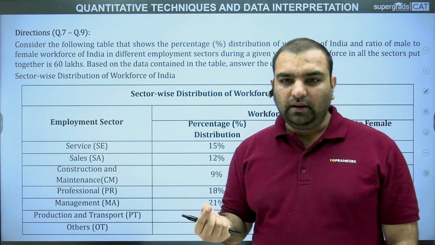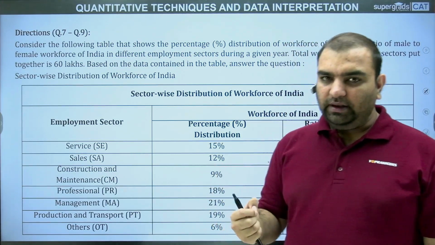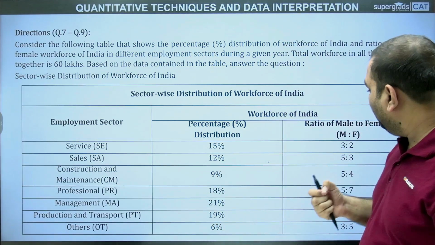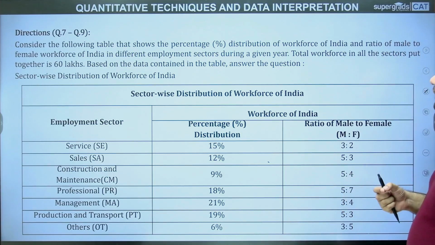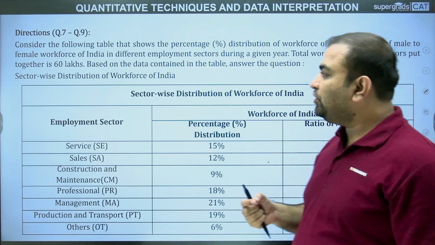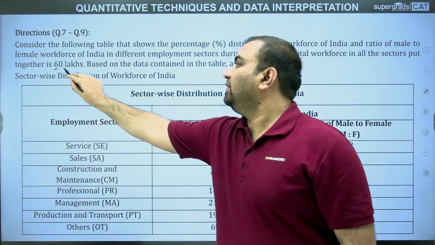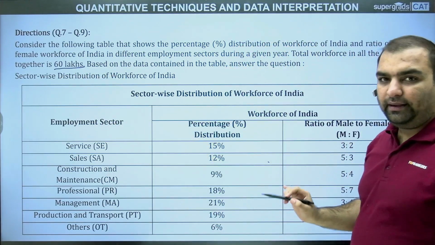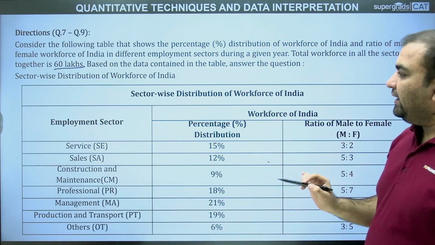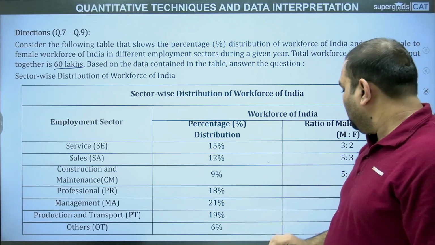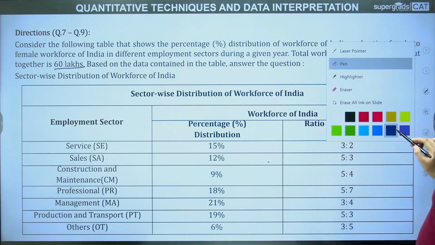The total workforce in all the sectors put together is 60 lakh. Based on the data contained, answer the following questions.